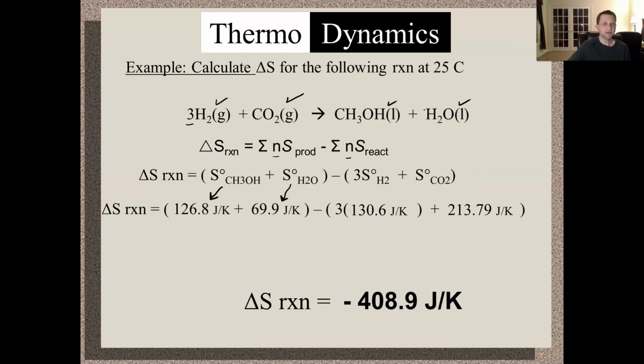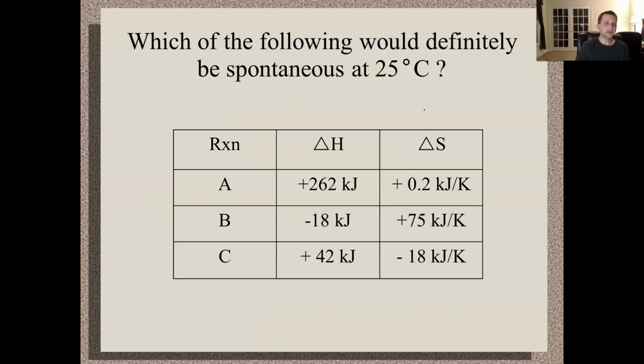Let's see how this applies to the bigger picture here and the main idea for today. It says, which of the following would be definitely spontaneous at 25 Celsius? So we have to think of what's favorable here. What's thermodynamically favorable or spontaneous at 25 Celsius? You have to remember back to a couple of our previous lessons on Hess's law and enthalpy.